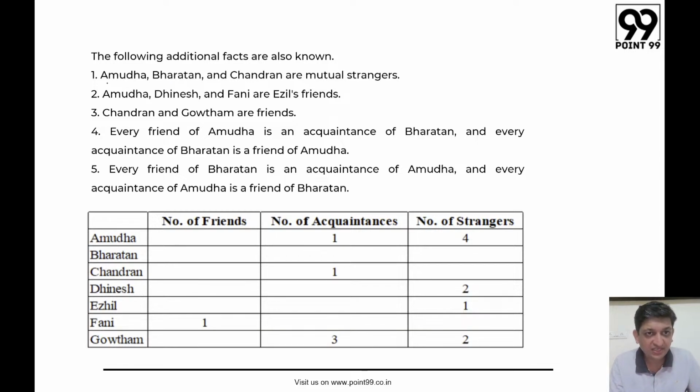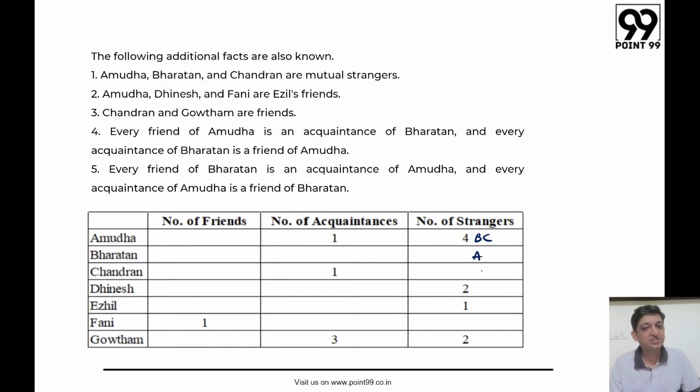Let's start. Now Amuda, Bharatan and Chandran are mutual strangers. मतलब Amuda, Bharatan and Chandran strangers हैं. So we know that Amuda will have, in the strangers category, definitely Bharatan, and Chandran will be a stranger to Amuda. Now, as soon as we know this, Amuda is a stranger to Bharatan, we know that Bharatan is also a stranger to Amuda.